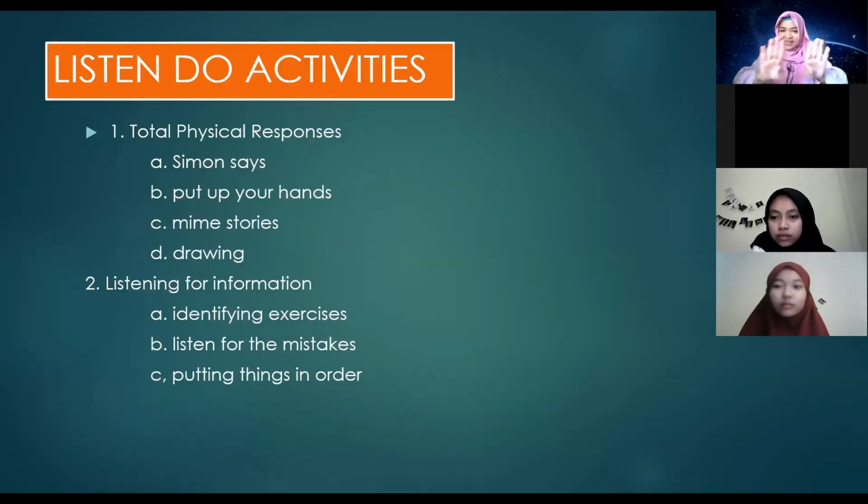And let them arrange it in order based on the order that you read out. Ya, misalnya itu wudhu, tapi bisa juga cerita ya, bisa pakai cerita atau yang lain.